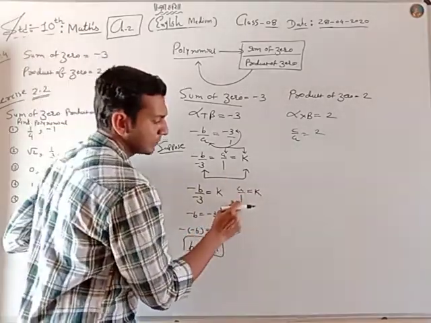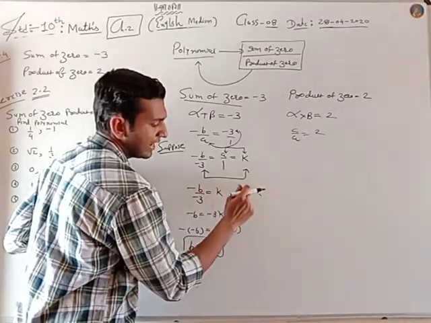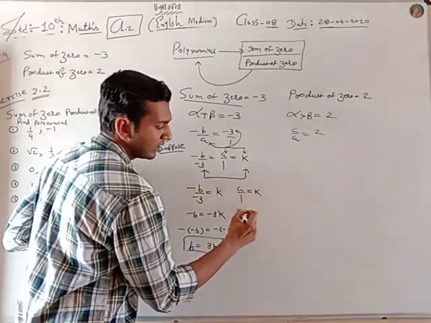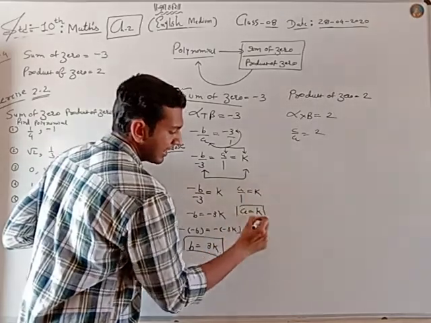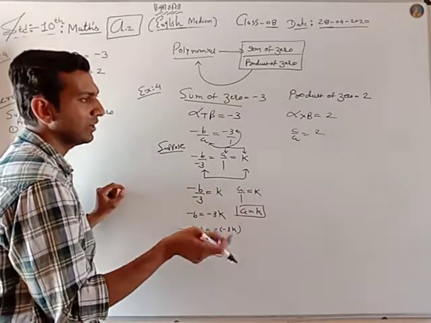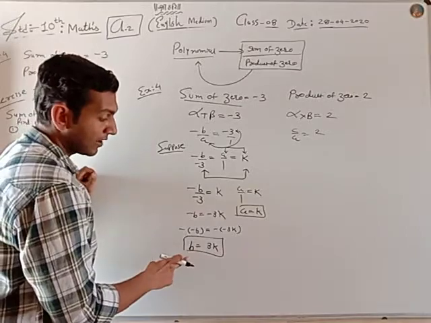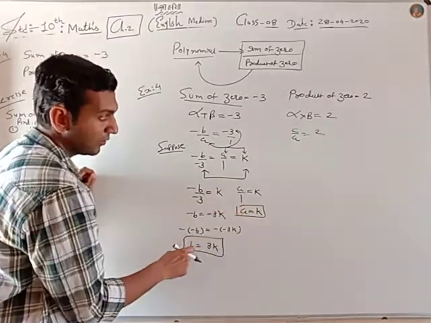And 1 goes to the other side, so a is equal to k into 1. 1 is the identity element for multiplication, so if you multiply any number with 1, the answer is itself. Now I got the value of a and the value of b.